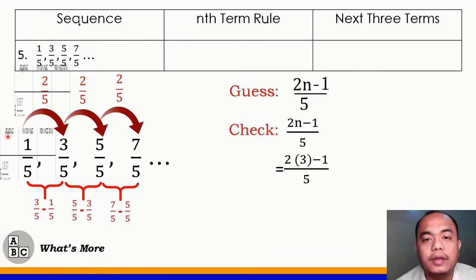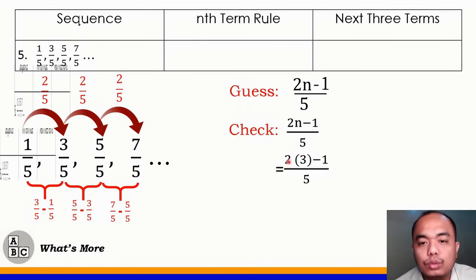Let's check if our guess is correct. So we will find the third term, so 3 is used to replace n here. Expect that if our nth term here is correct, after solving this, we will get 5 over 5 or 5/5.